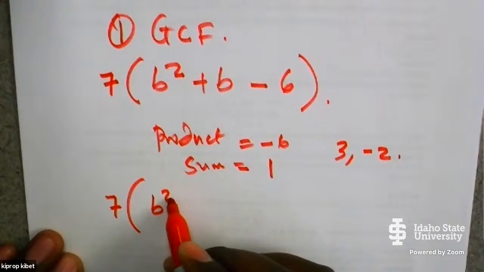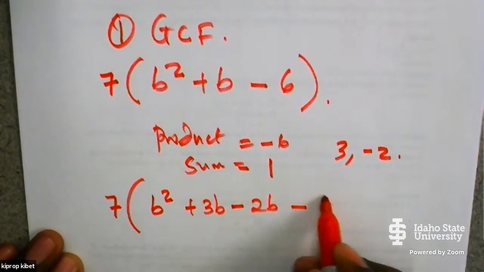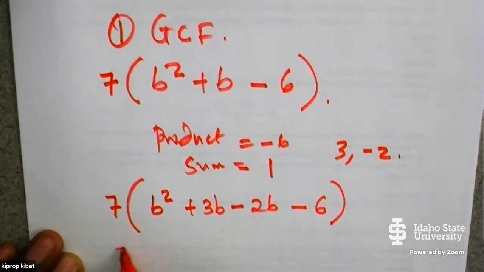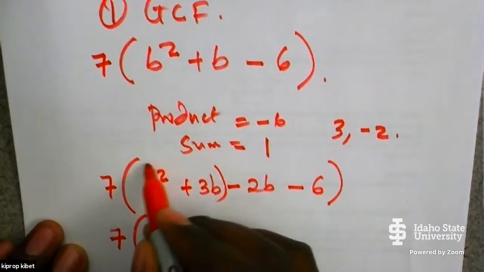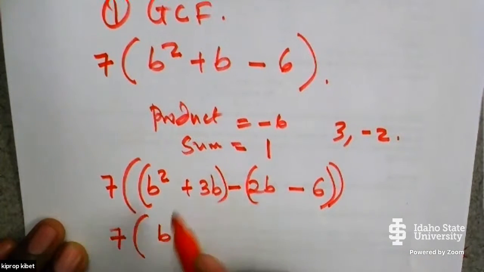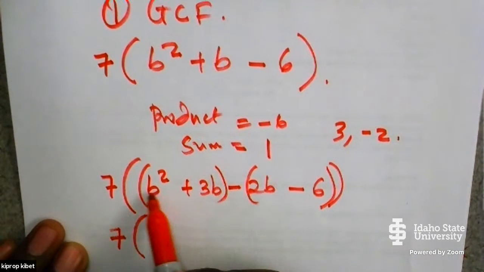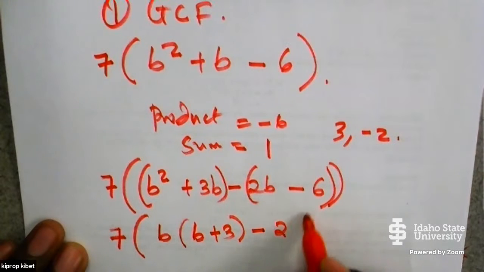So b squared plus 3b minus 2b minus 6. So 7 is still outside. So we factor out b. So we now group this one and that. So b, and then we have b plus 3 minus 2.